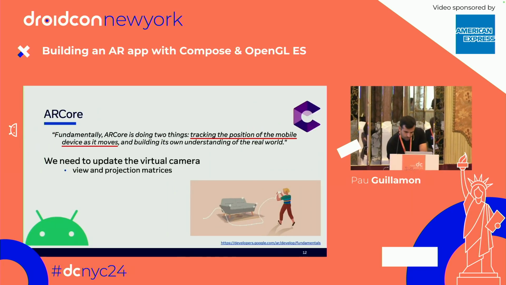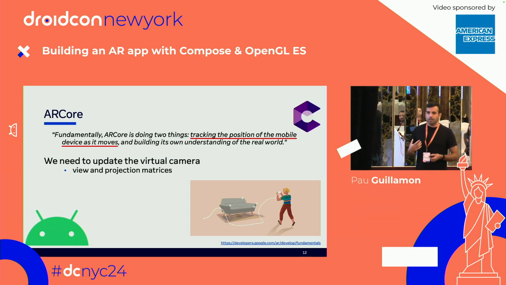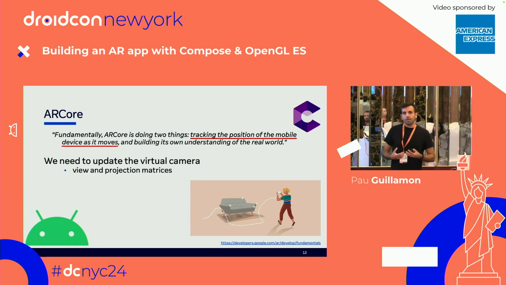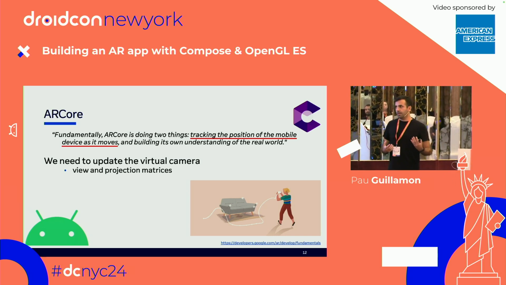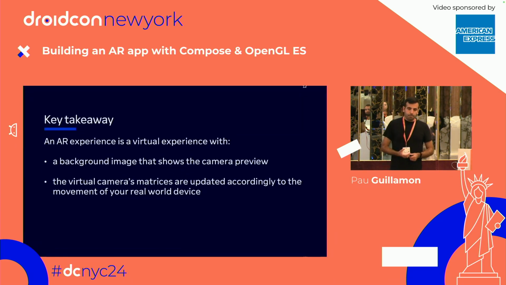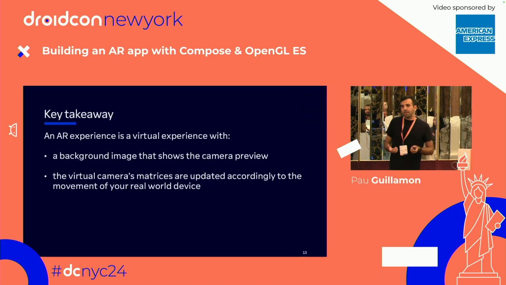But still, with that, I like to think of this as still just a background image and a virtual scene on top of it, because that's what it is, right? We've seen that we're only updating that virtual camera data, and with that, we accomplish that. So if there's one thing that you're going to remember from this talk, I hope it's this one.